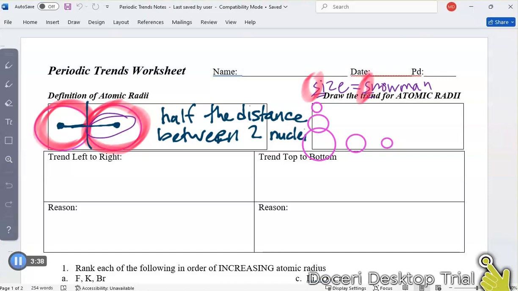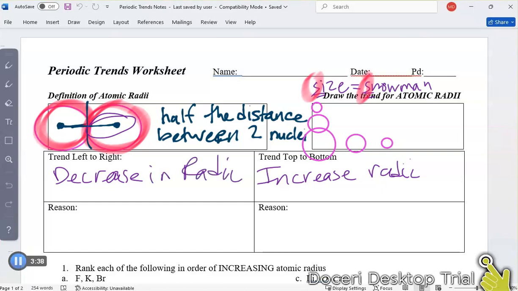So the trend top to bottom is an increase in radius, increasing radii. Radii is plural for radius. Left to right, it's going to decrease. The trend is what is happening. Left to right, decrease in radii. Sorry, I'm writing with a finger on my iPad here, so it gets a little messy.